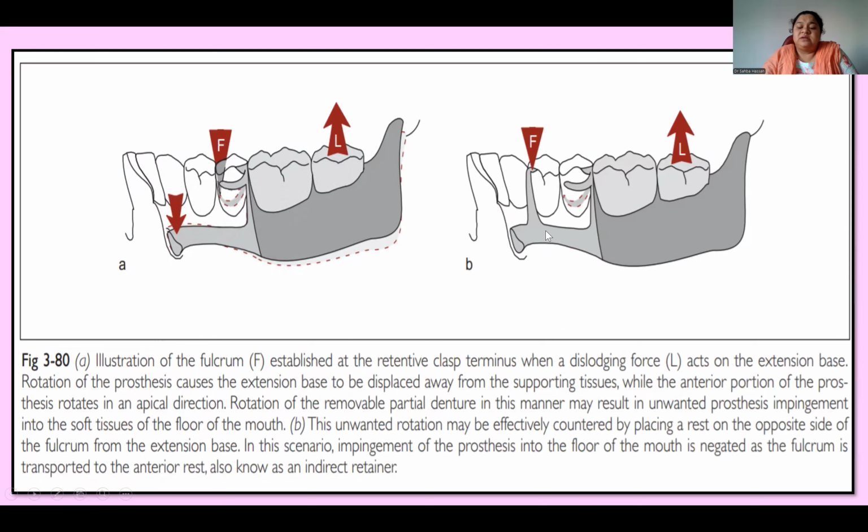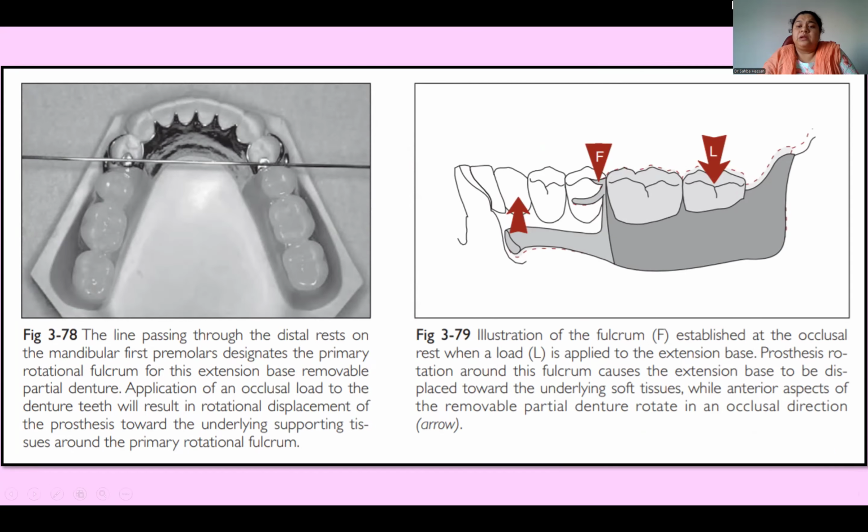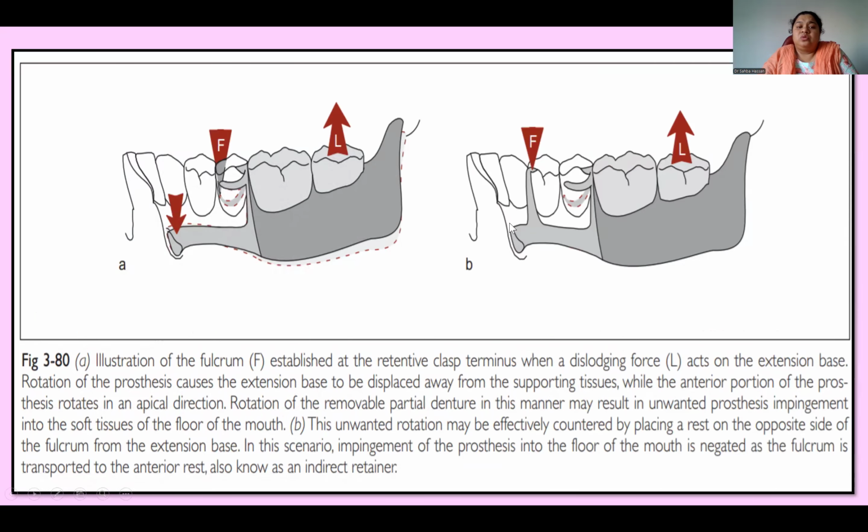So to compensate for this, see the diagram properly. Load is there, fulcrum is there, and this third arrow. F for fulcrum, L for load. So what happens when it is there? We have to think that way, that we have to shift the fulcrum. So now we have shifted the fulcrum away.